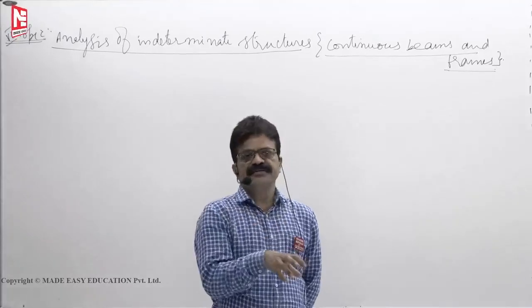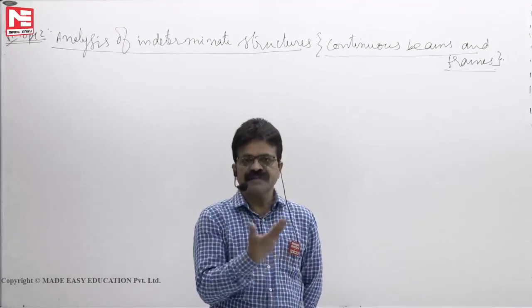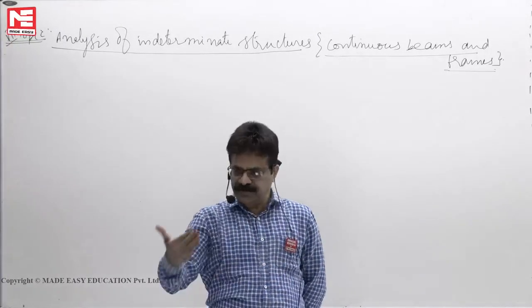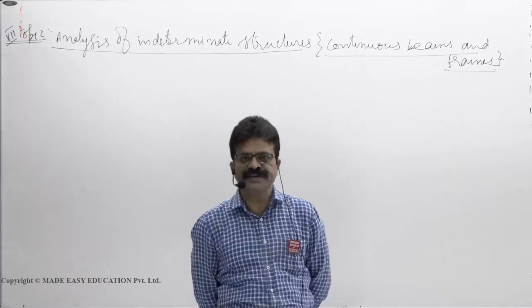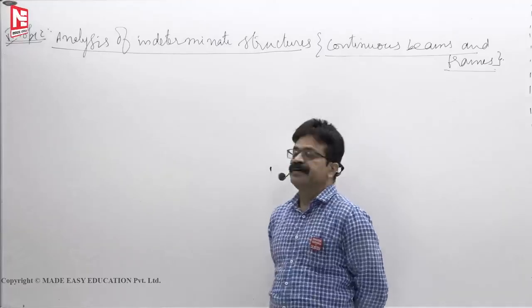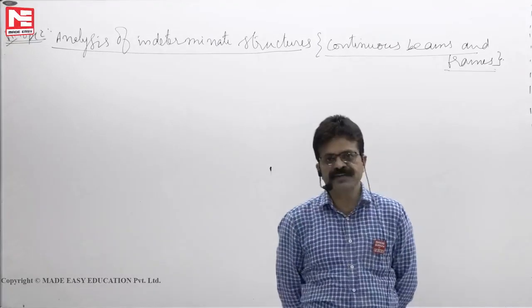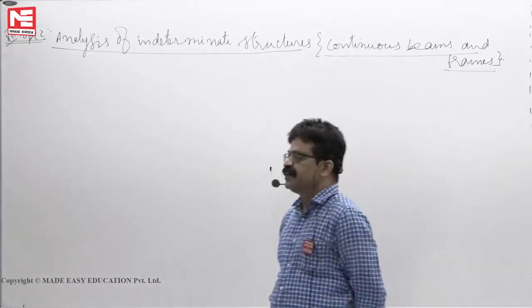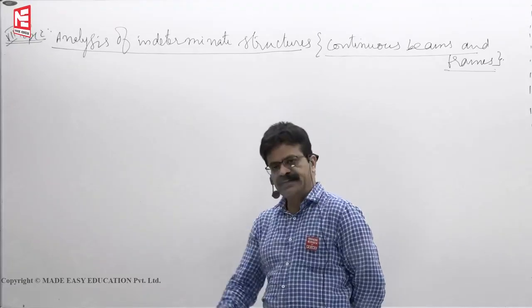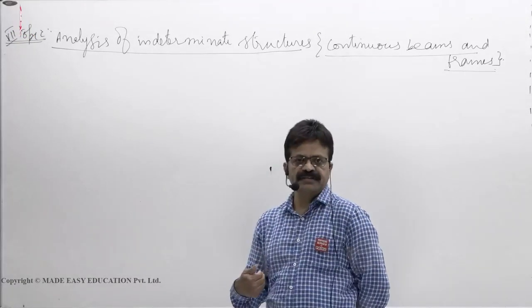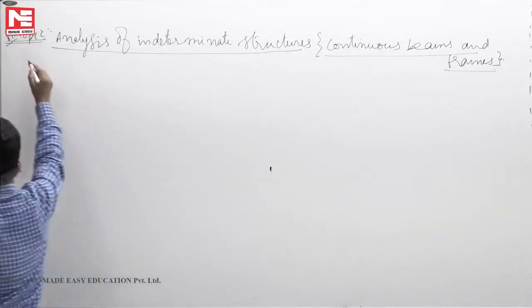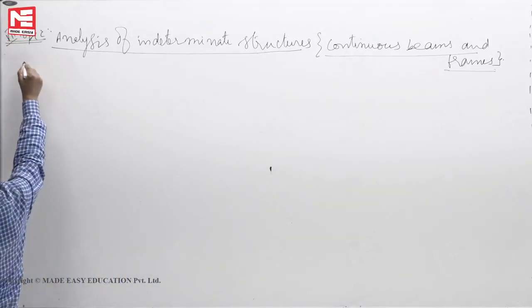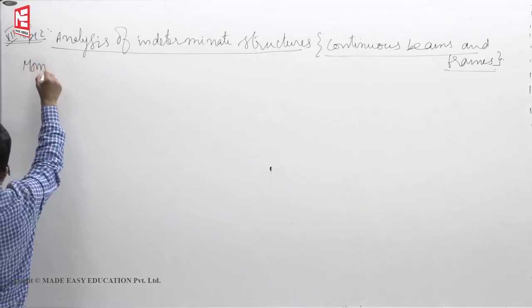On that, successive approximation is the moment distribution method. Matrix form is the stiffness matrix method of analysis. So first we will take the moment distribution method, then slope deflection method, then in the end we will take the matrix methods of analysis. So in this first topic we will take the moment distribution method.